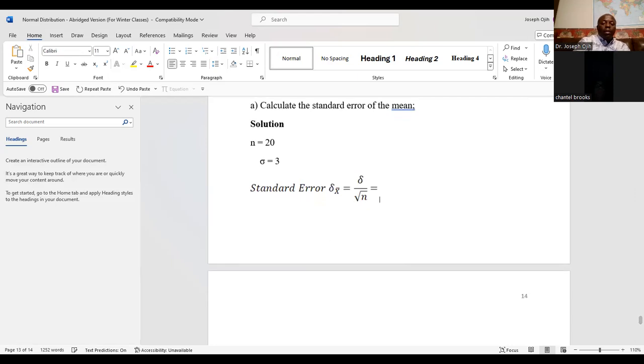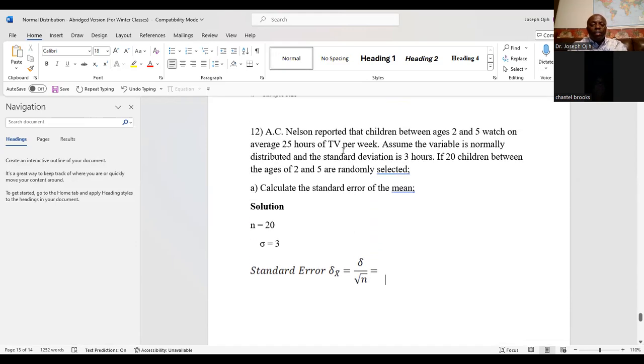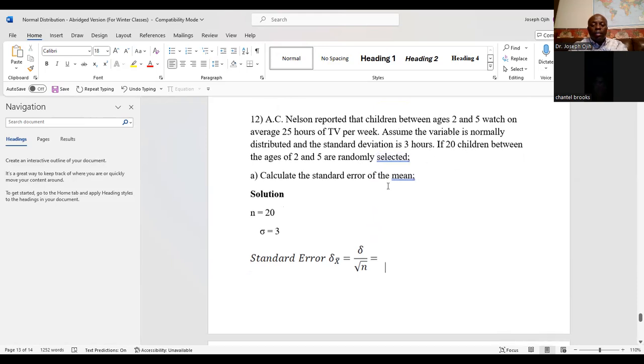Which means that our answer will be equal to the standard deviation divided by the square root of n. We are told that the standard deviation is 3 and n is 20 children who are selected.